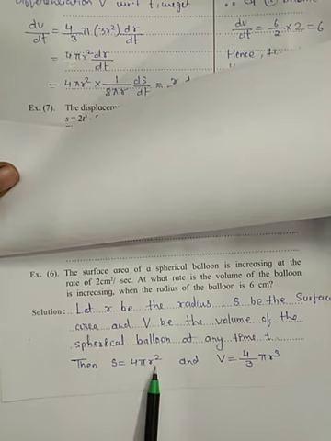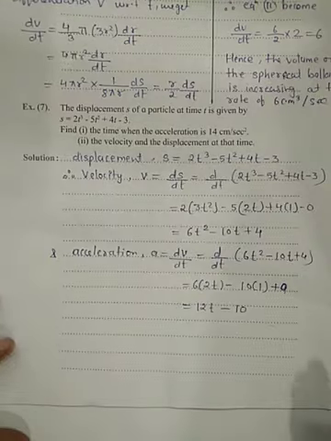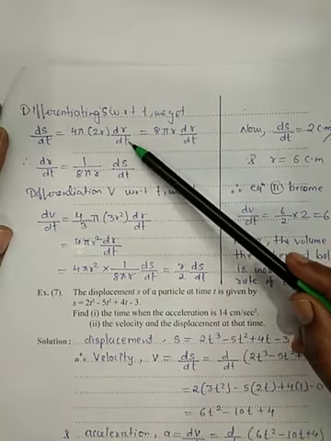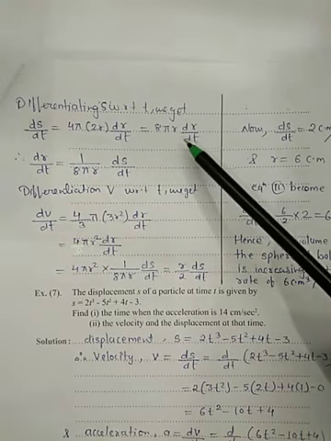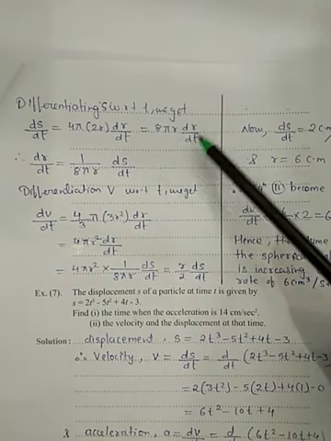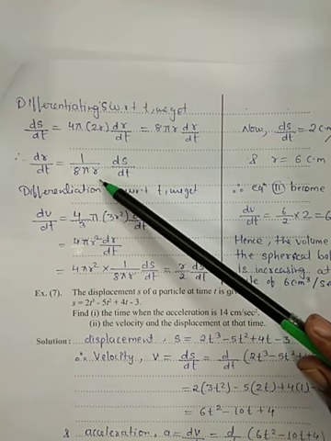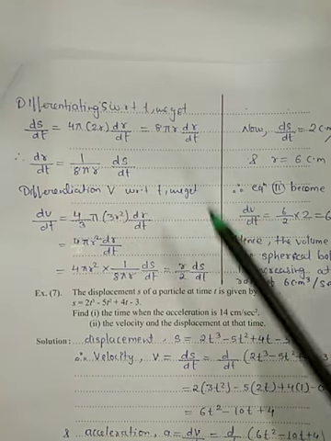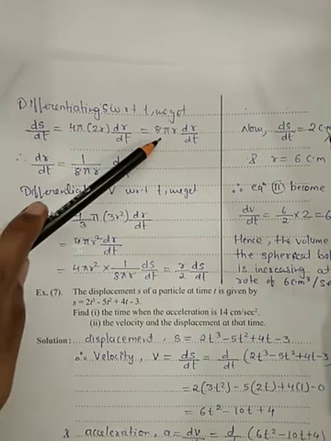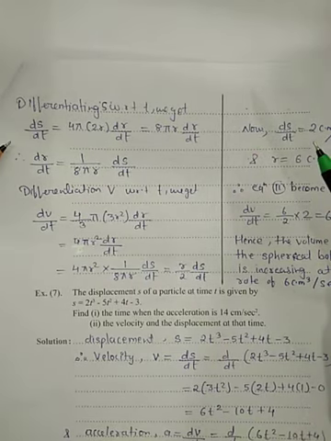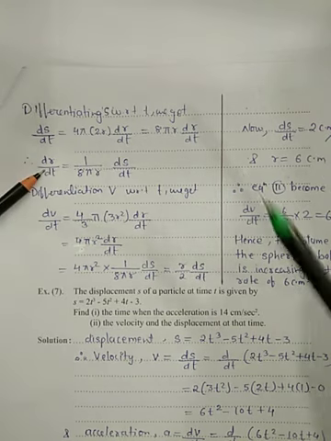Again we have to find dr by dt using chain rule. 4 pi 2r dr by dt, which is equal to 8 pi r dr by dt. And from here we can find dr by dt, which is 1 upon 8 pi r dS by dt, this one.